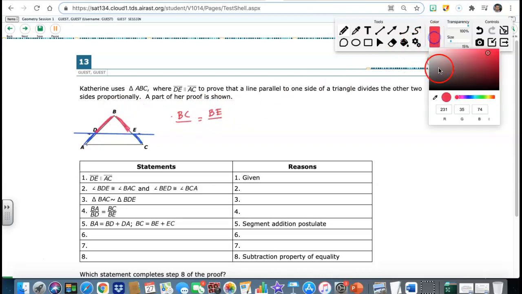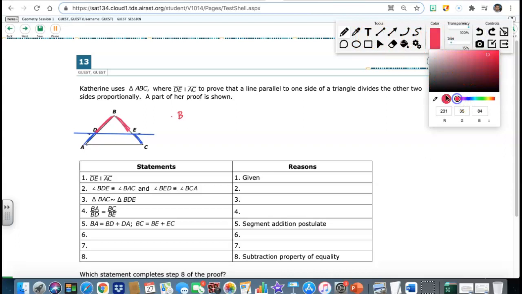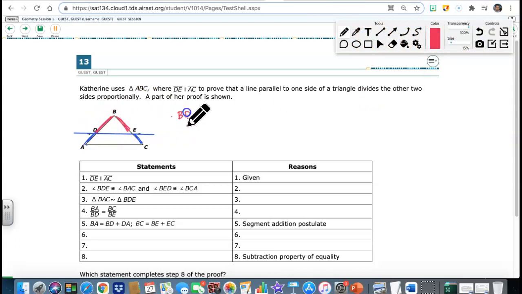Now let's use blue to finish the statement. I made a mistake. BD, it's only this piece from B to D. From B to D is proportional to DA.